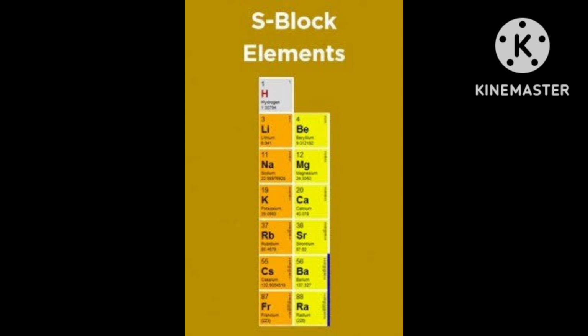Among the alkali metals, sodium and potassium are abundant, and lithium, rubidium and cesium have much lower abundance.